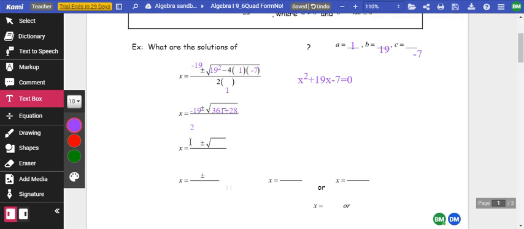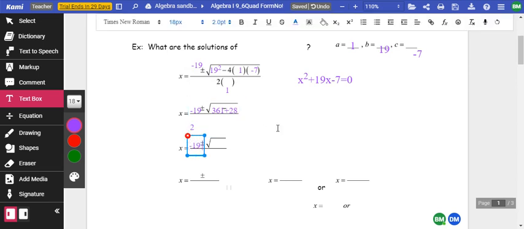So we still have that negative 19 out here. Under the square root sign, we have 389, all over 2. The square root of 389 is 19.7. So we have negative 19 plus or minus 19.7, all over 2. That's negative 19 plus 19.7.